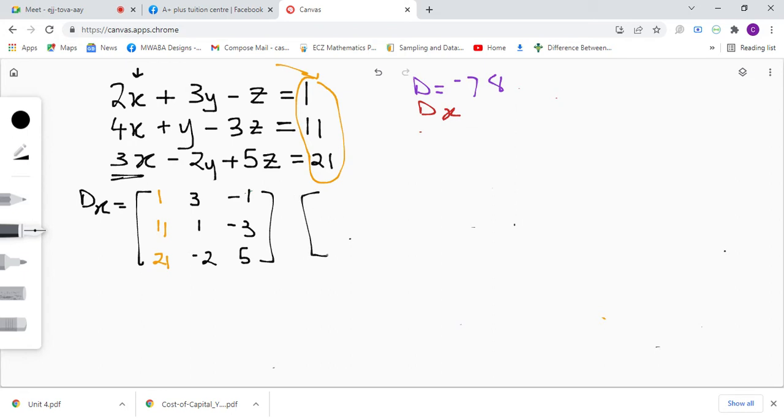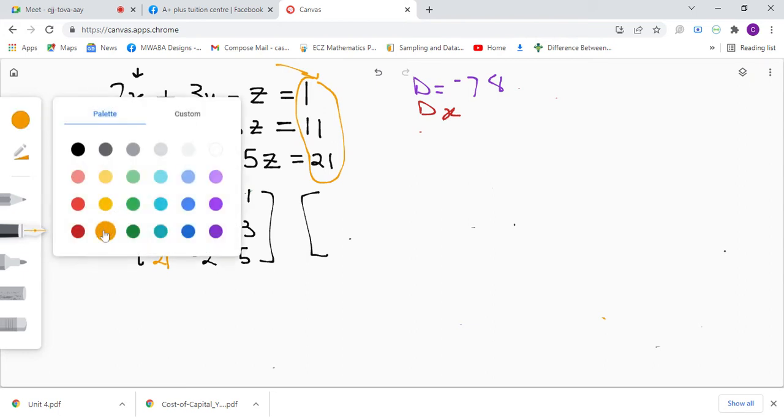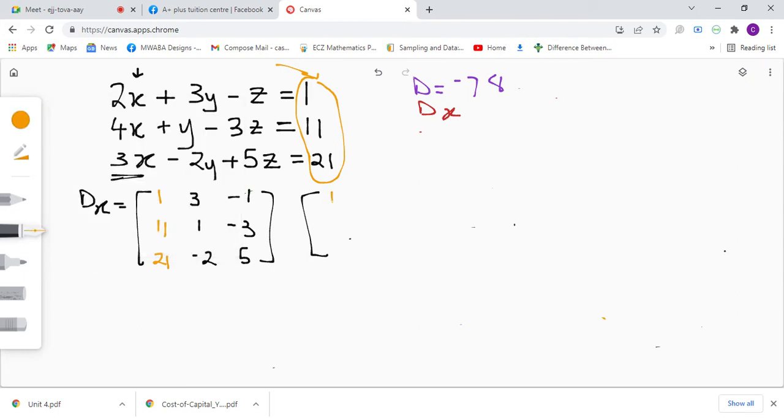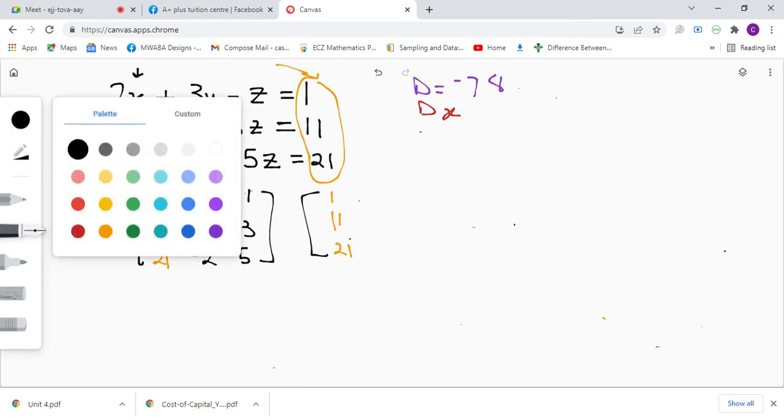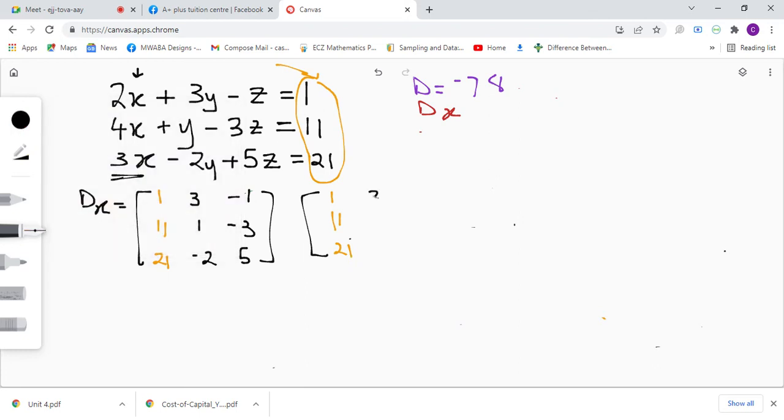Okay, we'll write this matrix again. 1, 11, and 21. And then 3, 1, and -2. And we've got -1, -3, 5.